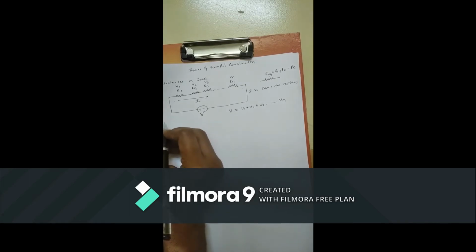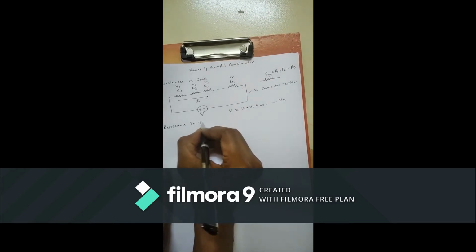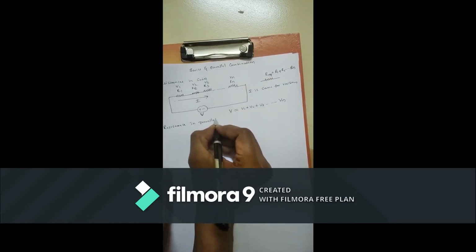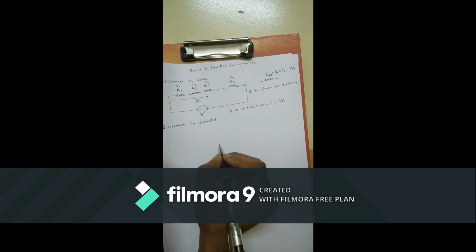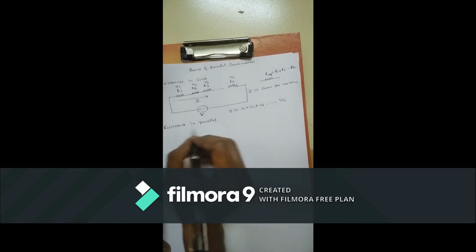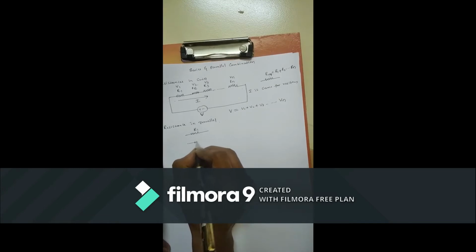Next, resistances in parallel. Here also I have n resistances, R1, R2, R3 up to Rn, and they are in parallel.